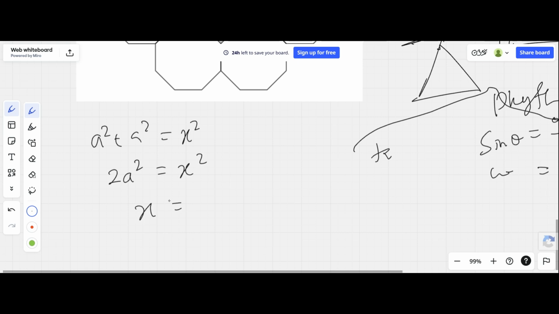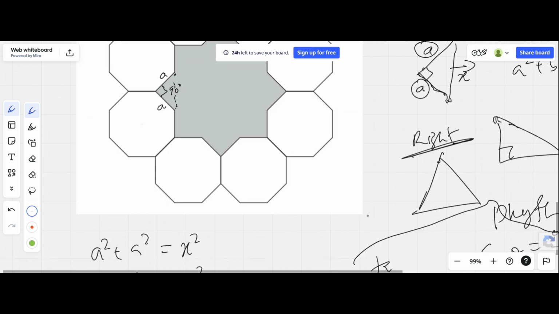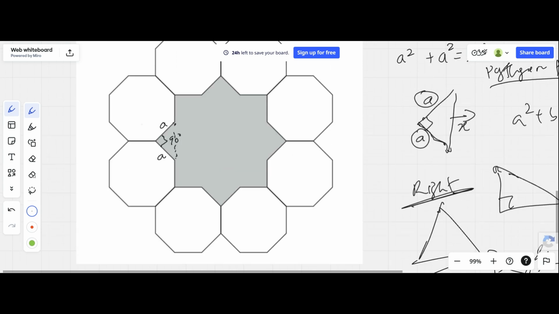So x is equal to root 2a squared. It will be root 2a, because if you take the root of a squared, it will be a. So root 2a is the length of this. This is a, because every side of the octagon is a.